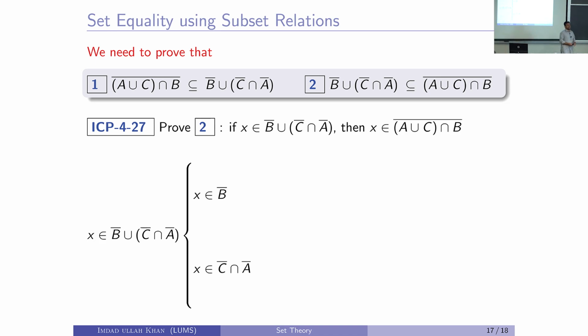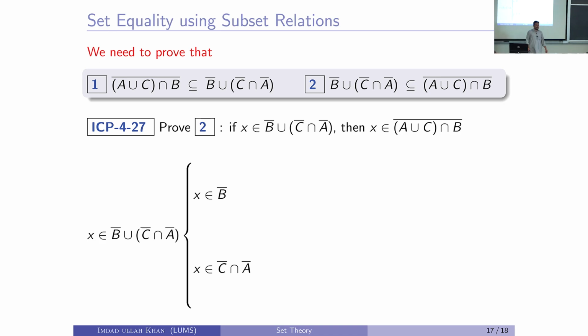Apply the definition of the union. What do we get? X is in B complement or X is in C complement intersection A complement, right? So at least one of these two cases must be true, right? At least one of these two scenarios must show themselves. One of these two. So now what do we do?